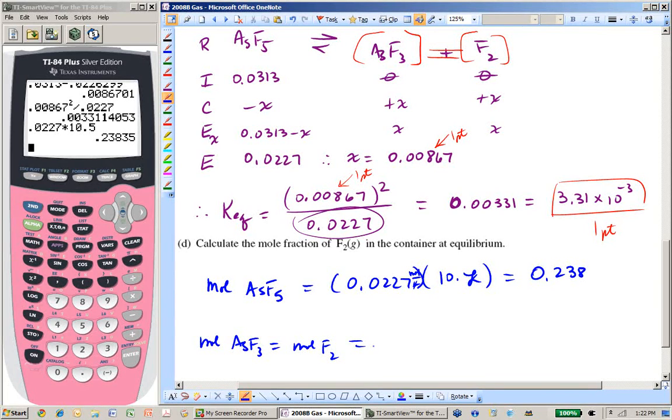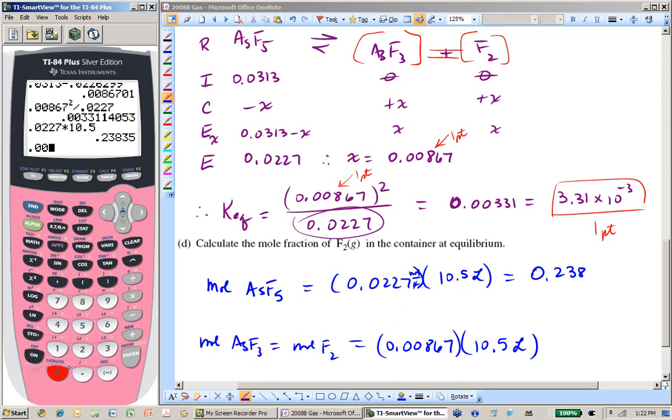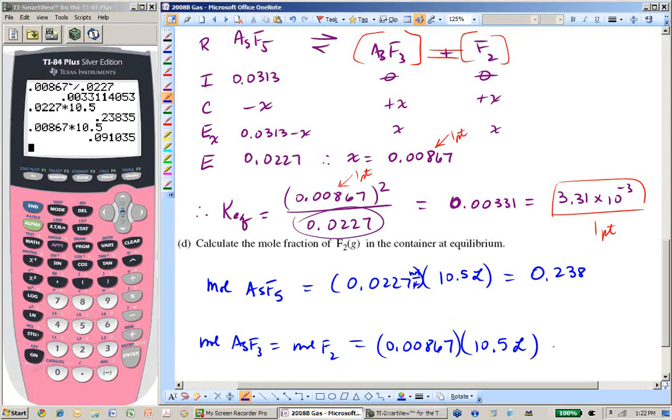And this would be the 0.0087 times the 10.5 liters. I didn't write my half up there earlier. I put a decimal, but I didn't write the half. 0.00867 times 10.5, and I get 0.0910.